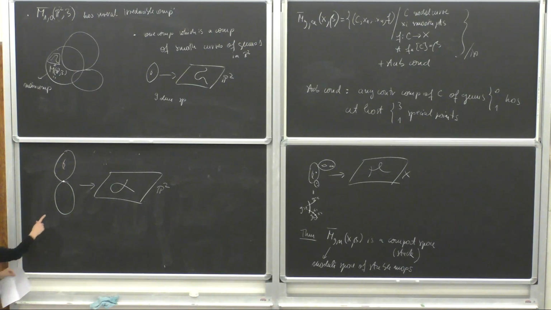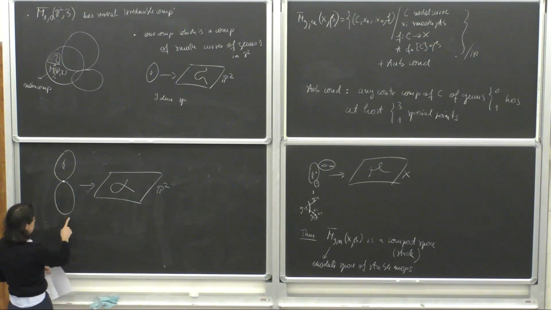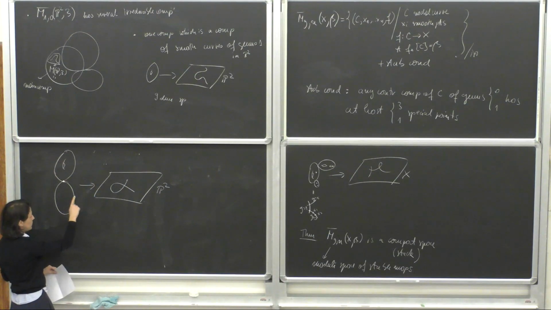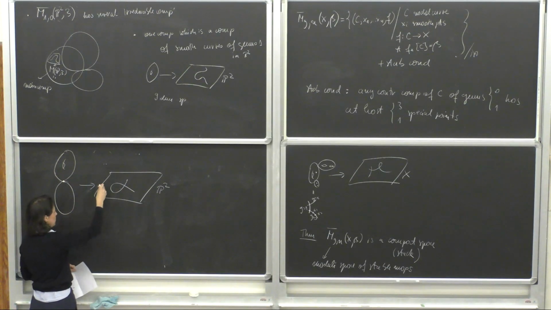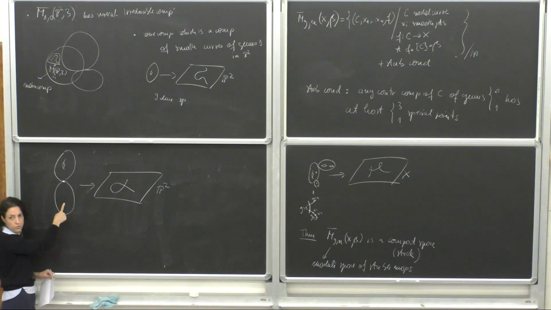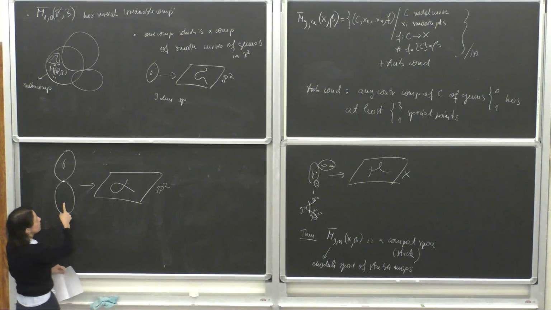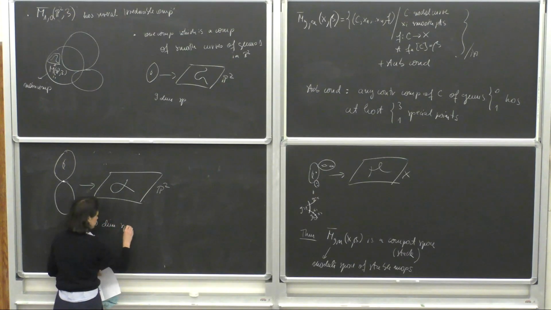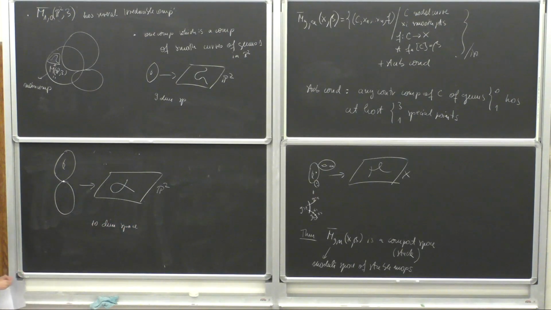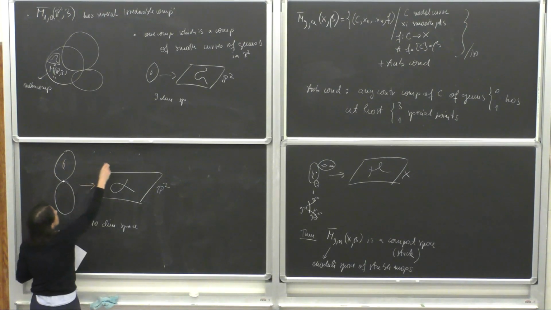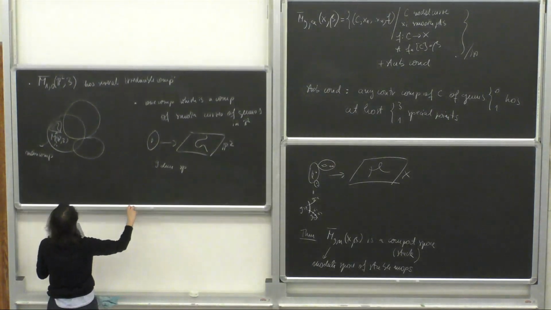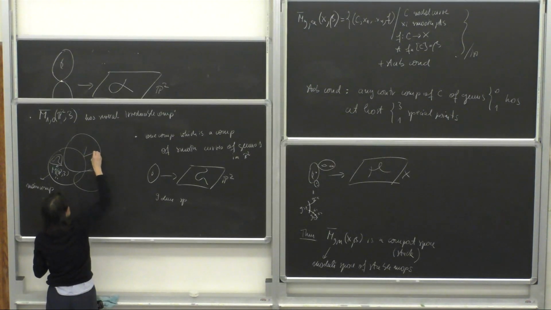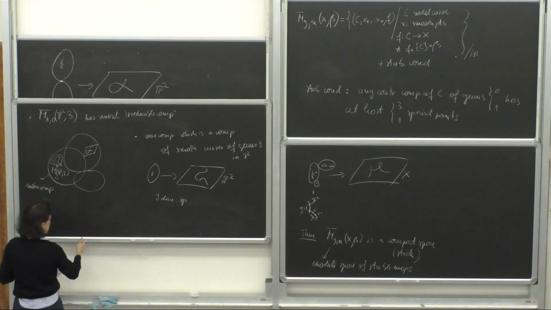I have points like this in my moduli space. And the claim is that if I count parameters to see how many of these maps I have, it turns out that this is a 10-dimensional space. So the image of something like this would be something like this.